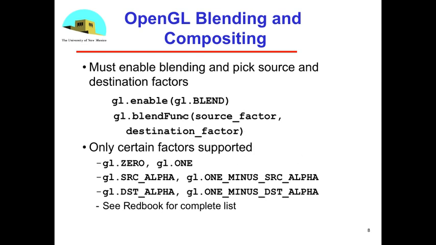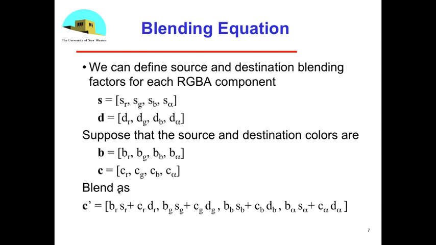Now, in the model that we had back here, in principle, I could have anything I wanted for these four constants for the source and the four constants for the destination blending factors. But WebGL and OpenGL really only allow a certain number of those, and they're given mnemonics or names that you can use. They're the ones that correspond to the ones that are used most often.